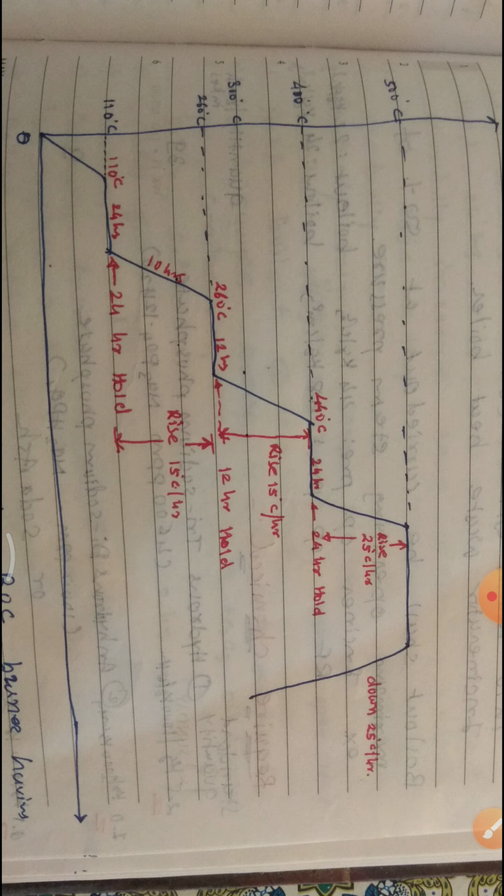Boil out continues until oil and grease come below 5 ppm. If oil and grease come below 5 ppm, then alkali boil out is finished.